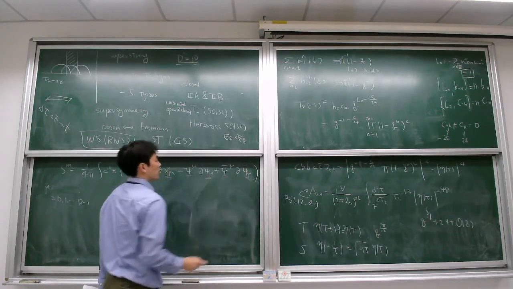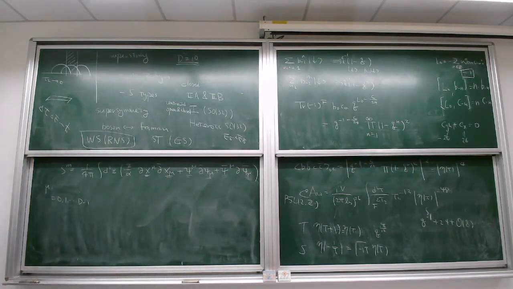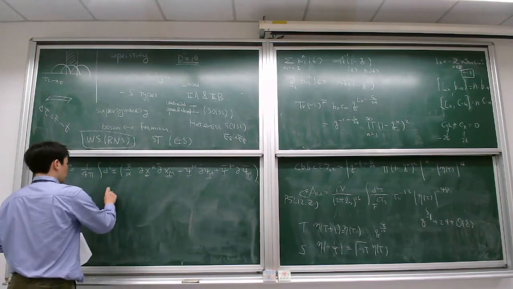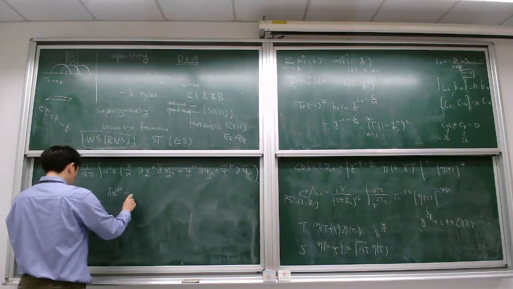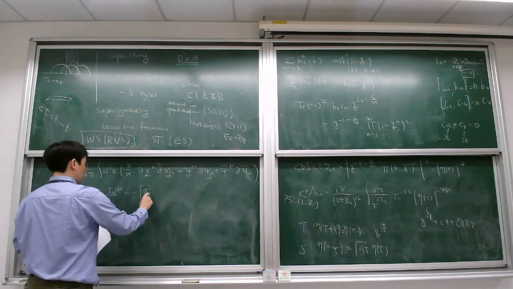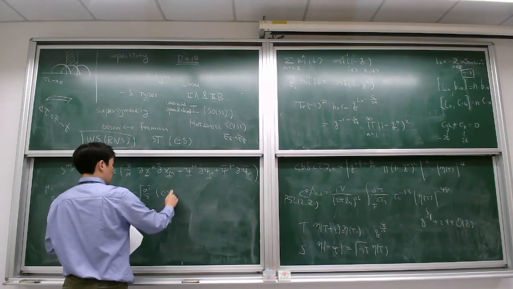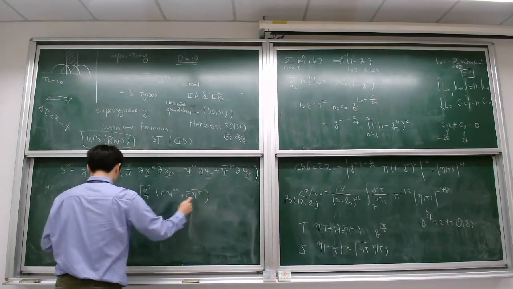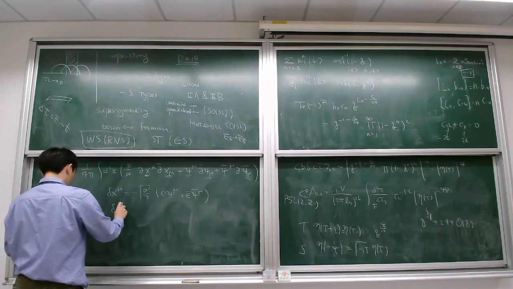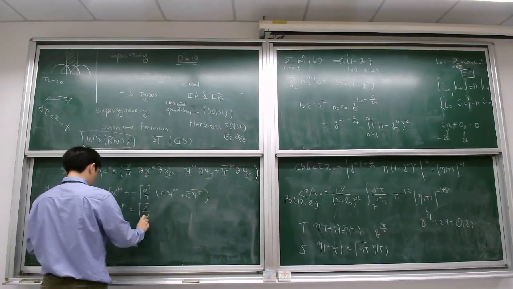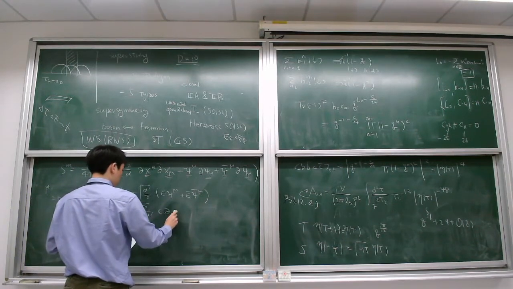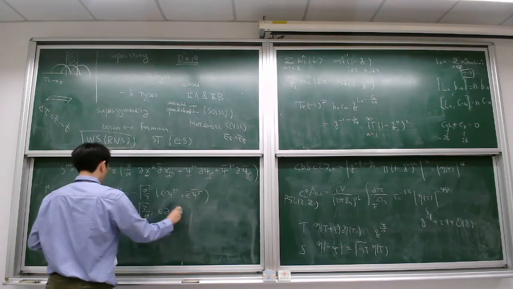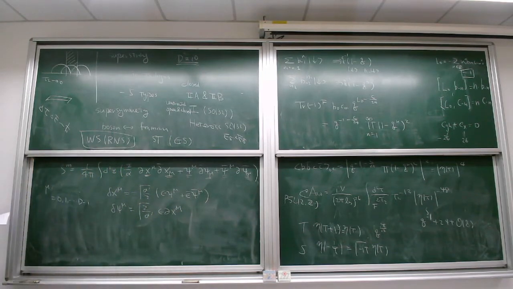So these are the fermionic degrees of freedom. And now you can check that it's invariant under the following transformation. And for the anti-holomorphic part, you just take a bar on it.